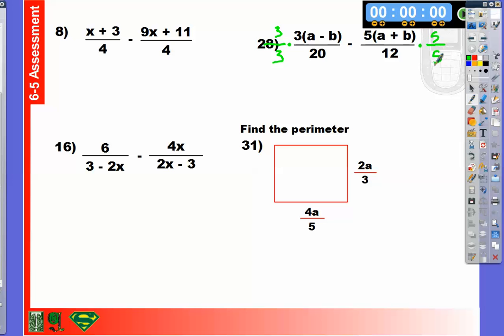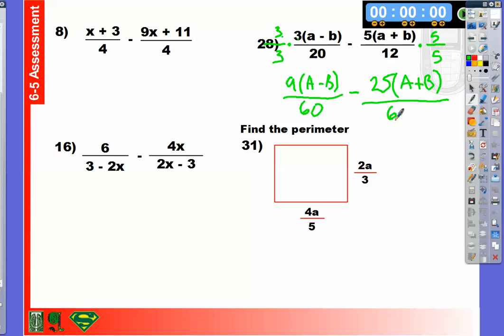All right. So 3 times 3 is 9. So we have 9 times a minus b over 60 minus, what's 5 times 5, times a plus b over 60.